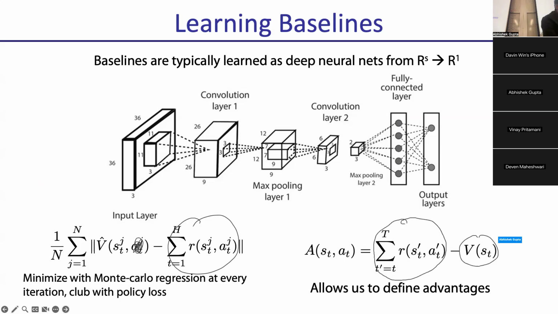My average is here and my current trajectory is here. It's telling me the gap between the average and my current trajectory. Rather than an absolute number, it's a relative number compared to the average. The problem is that the value function at some states can be 1,000 and other states can be 0. When you put everything into advantage space, everything is on the same scale.